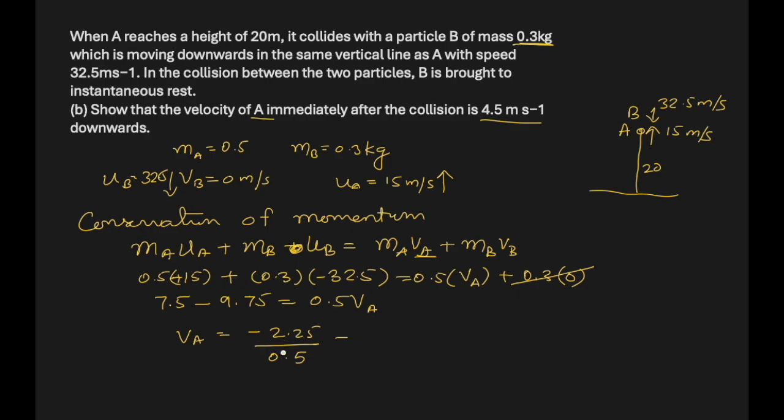So this will be double of 2.25, which is minus 4.5 meters per second, and negative direction was downwards, right? This 32.5 is downwards, so it will be 4.5 meters per second downwards. Because the sign in front is negative, it's shown downwards. Okay.